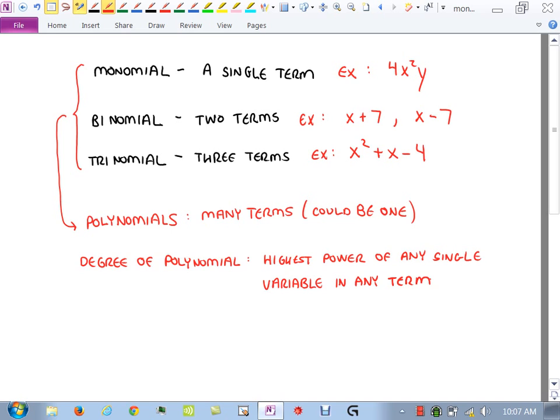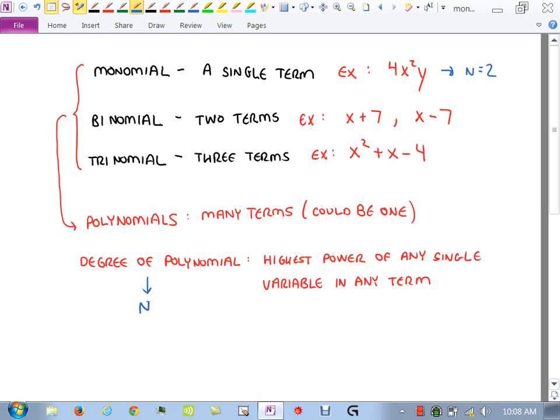The highest power that I see on any single variable is 2. So the degree of that would be 2. Now, we usually use n for the degree. So I'm going to say next to this, n is 2. And below here where I have polynomial degree, I'm going to put n here so you know what I'm talking about. Degree of the polynomial is n, so n up there is 2.